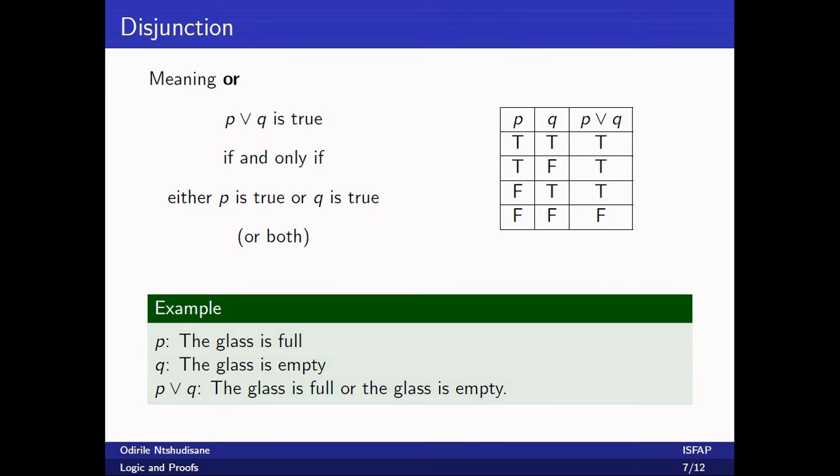And when P is false and Q is true, P or Q is true, and when they're both false, and only when they're both false, P or Q is false. An example of this would be if P stood for the glass is full and Q stood for the glass is empty, P or Q would stand for the statement the glass is full or the glass is empty.